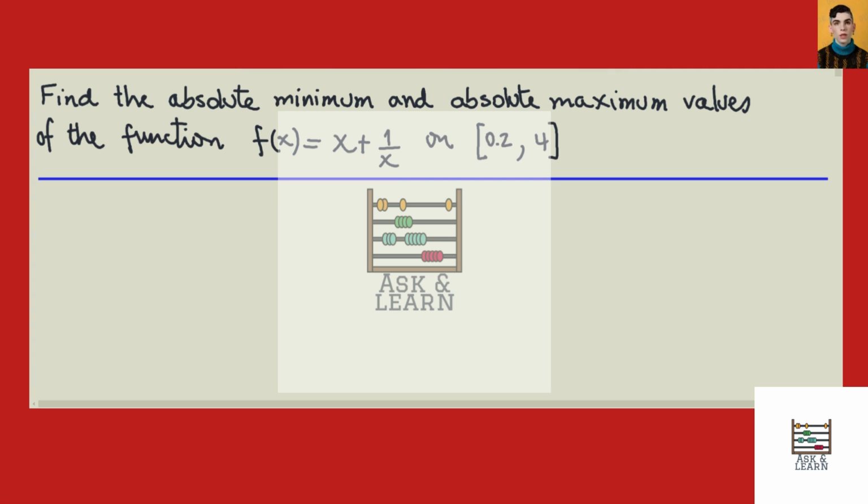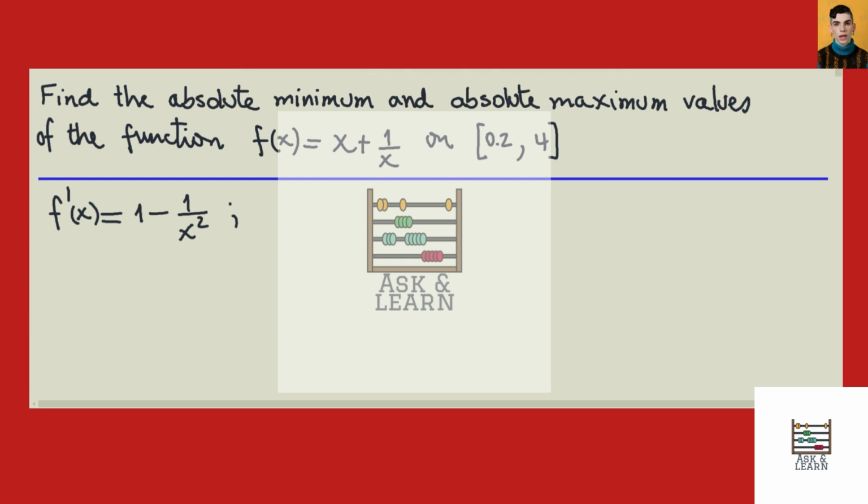Moreover, we know that those extreme values are attained either at the endpoints of the interval or at critical numbers of the function. So we've got to find the critical numbers of f, and we start by calculating the first derivative of f, which is equal to 1 - 1/x².